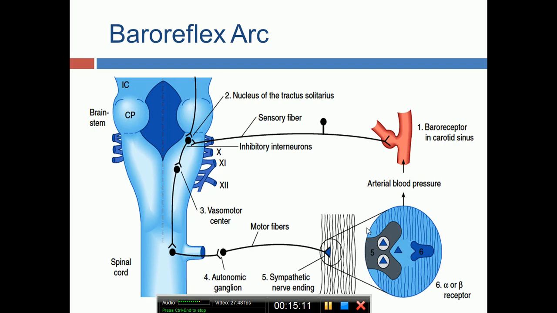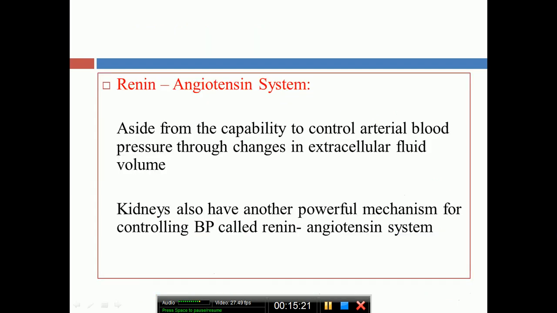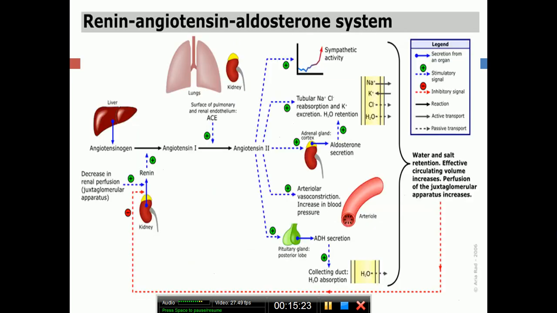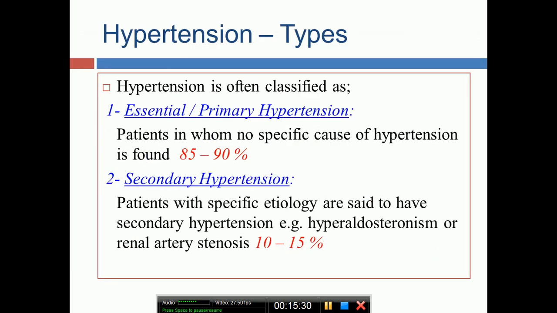If the blood pressure is too low, norepinephrine will be released at the effector organ, which will increase blood pressure. Then we have the renin-angiotensin system, which we will discuss in later slides.